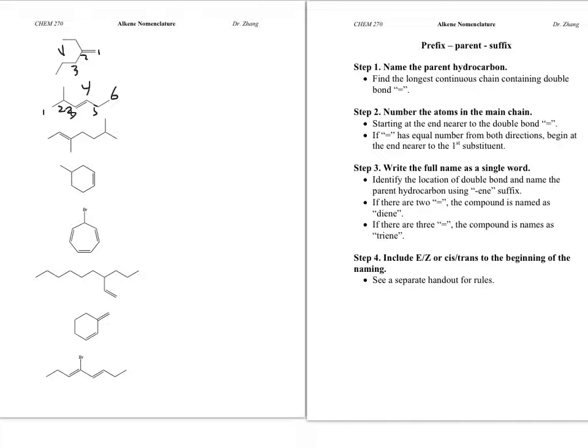Therefore, the IUPAC name for this molecule would be 2-methyl-3-hexene. Remember, you would always use a hyphen to connect a number and a letter, and write the name as a single word.